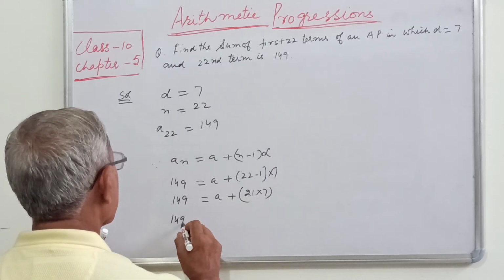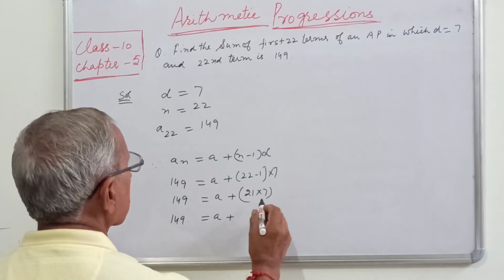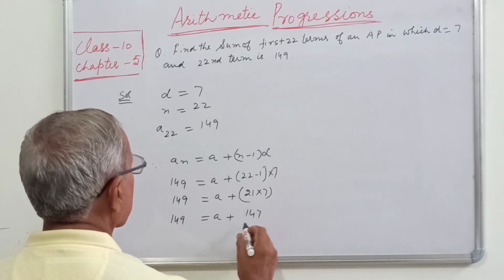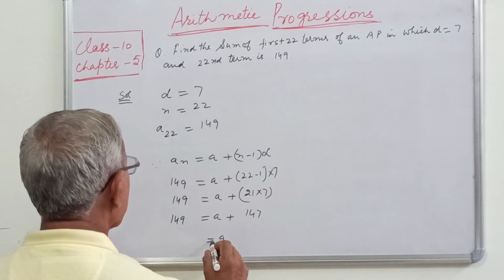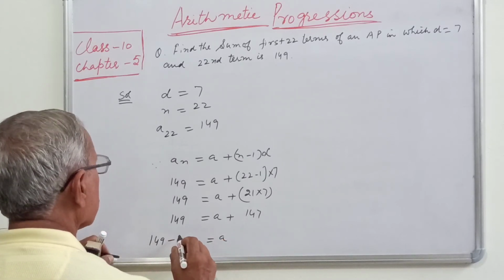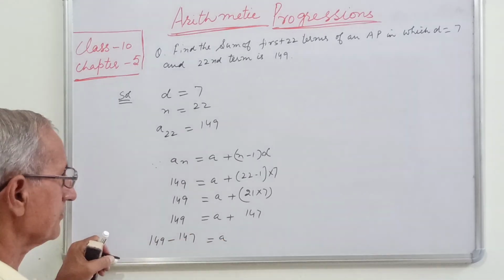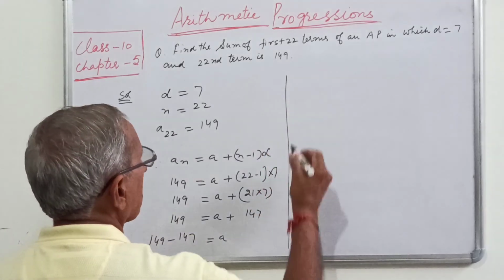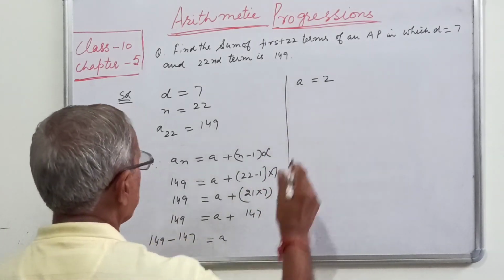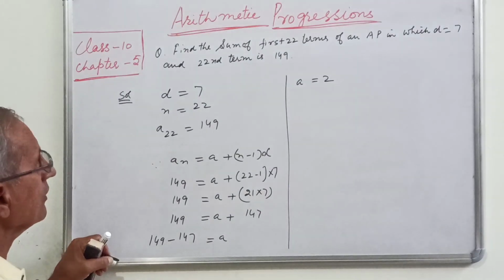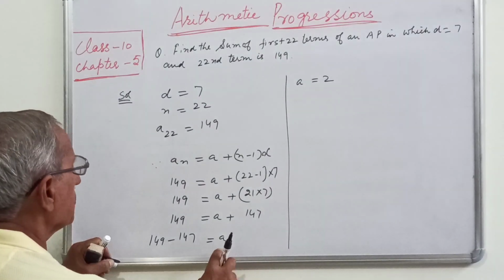So 149 is equal to a plus 7 से मल्टीप्लाई किया 147. So a will be 149 minus 147. So value of a is 2. So a की वैल्यू आई हमारे पास, फर्स्ट टर्म आई है 2.